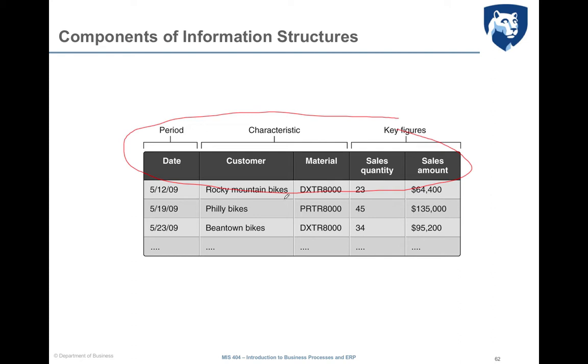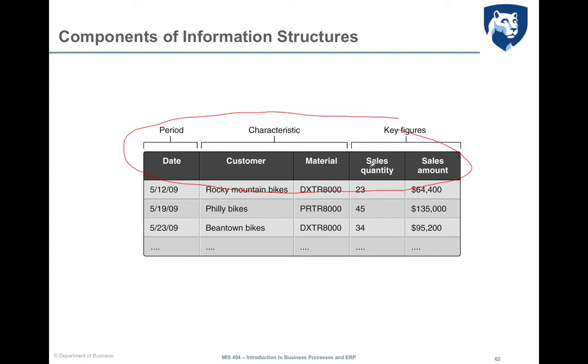So it can be organizational or master data. In this case, we have both customer and material, so we have just master data, and no organizational data are included in this information structure. And we can include up to 9 characteristics, so we can add up to 9 fields to be aggregated.